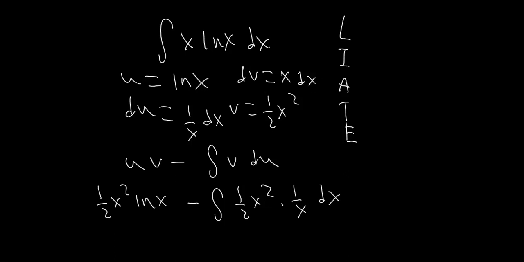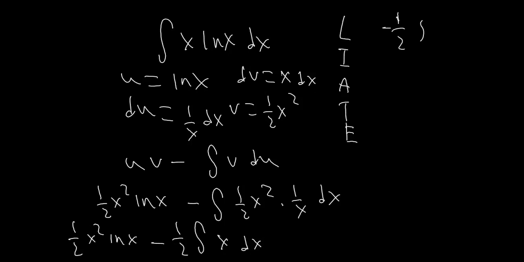Then we write this whole thing out and we get minus the integral of 1/2 x. We can pull out the 1/2 from the integral, times x dx. Actually, hold on. I'll just solve the integral first and then write it out.